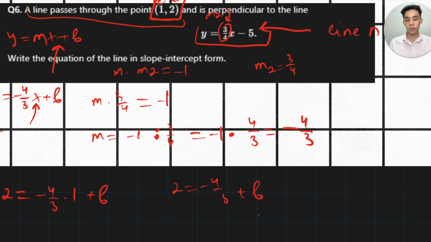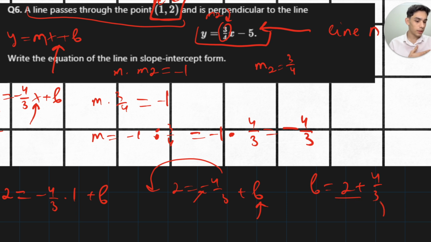And because we need to find the value of b, b will equal, in this case, because this has a negative sign, when moving it to the left side, it will change to a plus sign. It will be 2 plus 4 over 3. Now, we need to find the same bottom parts. Because it's 3 in here, in this case, it also must be 3.